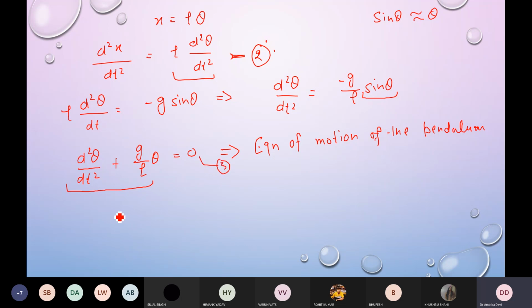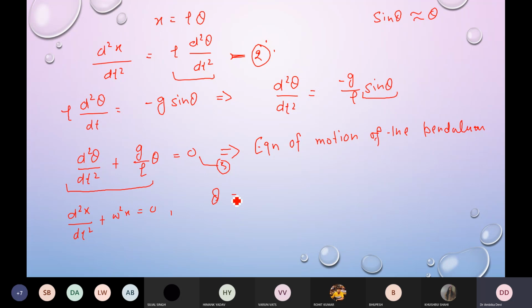Since this is a simple harmonic motion, if you compare this equation with the equation of simple harmonic motion, which is d2x upon dt square plus omega square x is equal to 0, you can see that x could be replaced by theta.